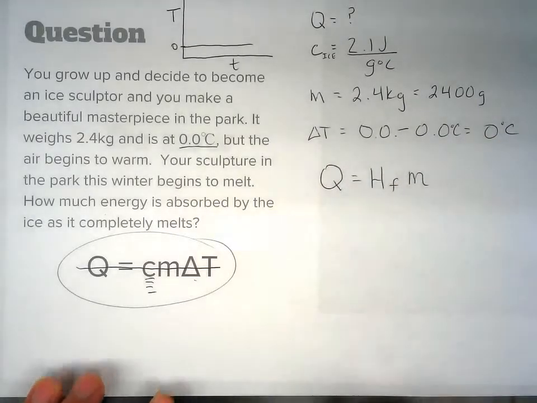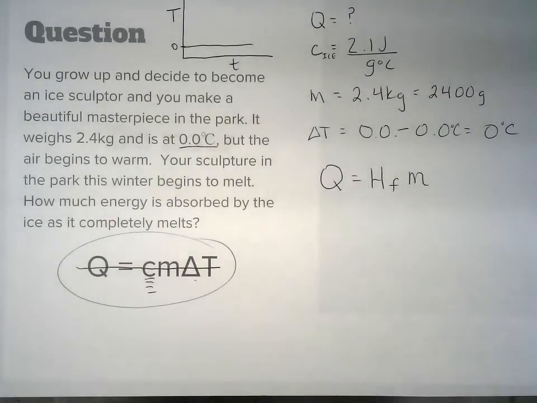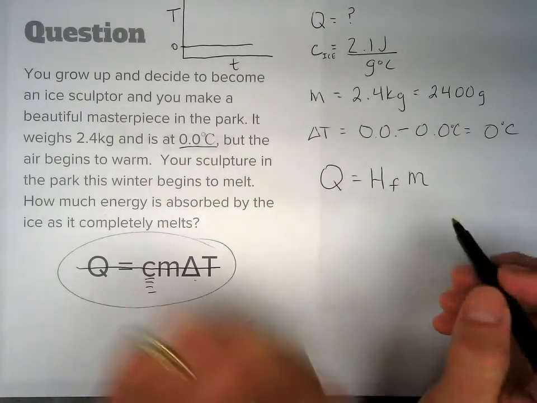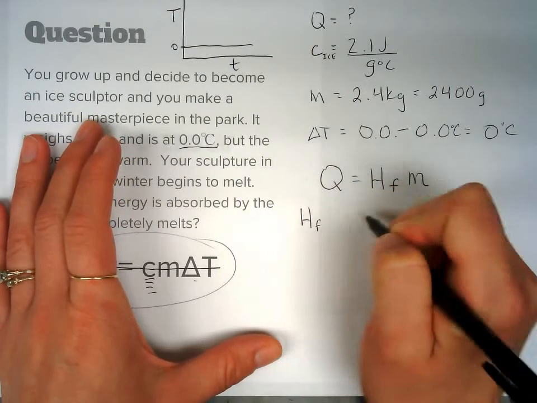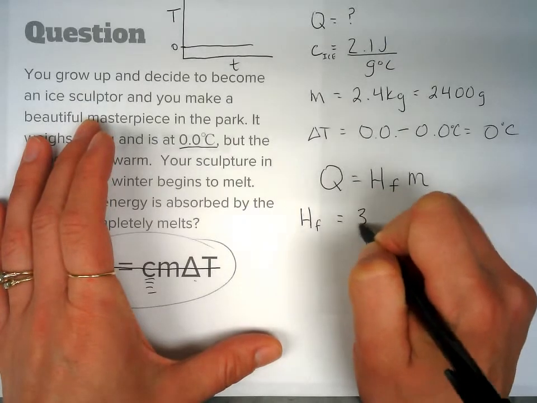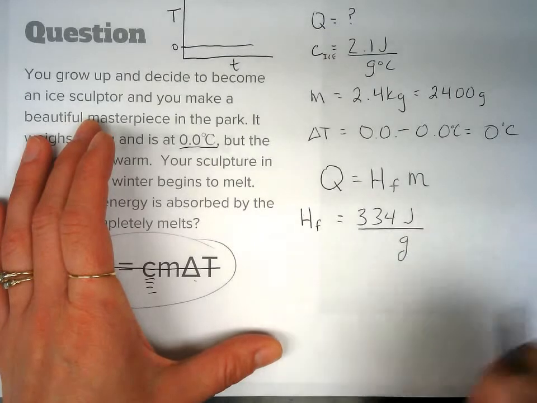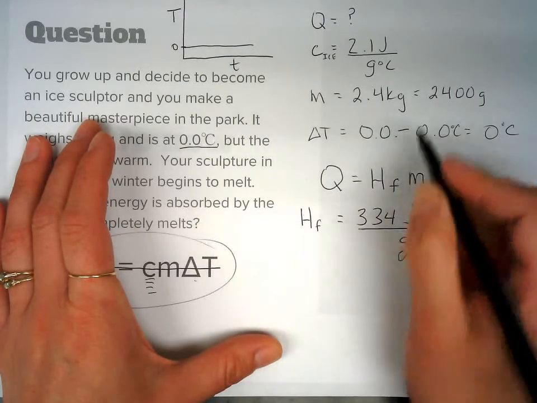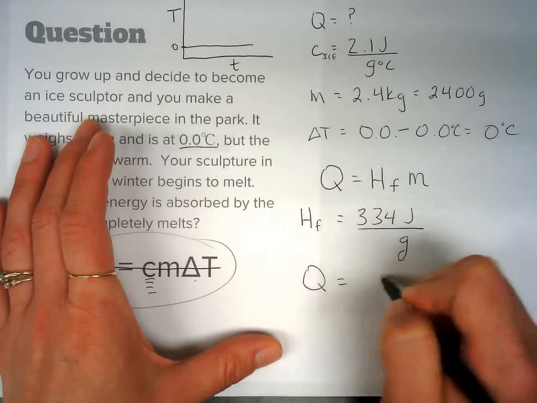So you can see that temperature is not involved here. So let's go ahead and plug everything back in. So we have the heat of fusion is equal to 334 joules per gram. And we know our mass, so now we just plug it in and solve for Q.